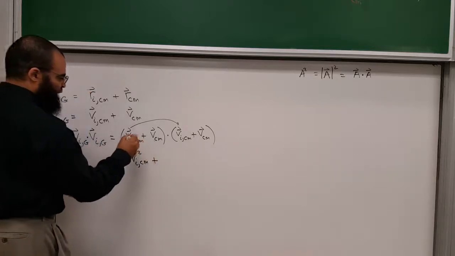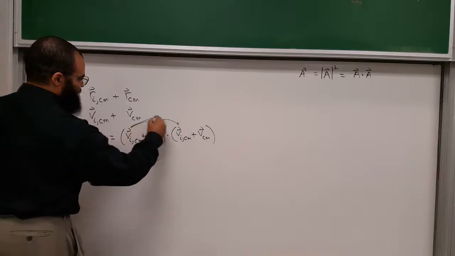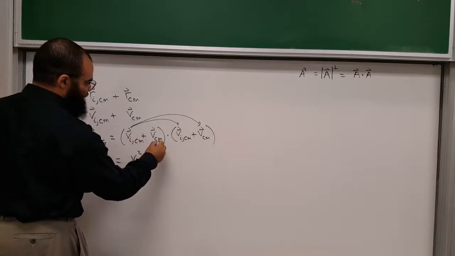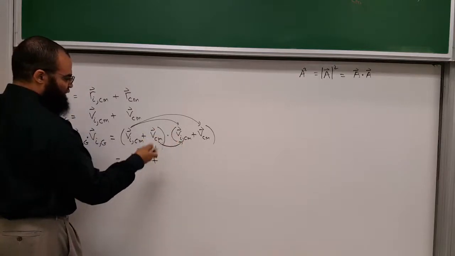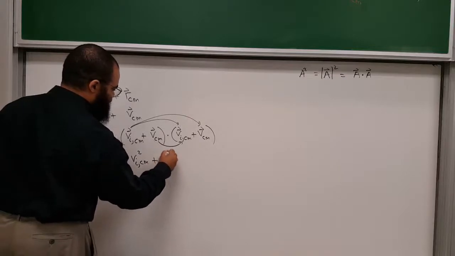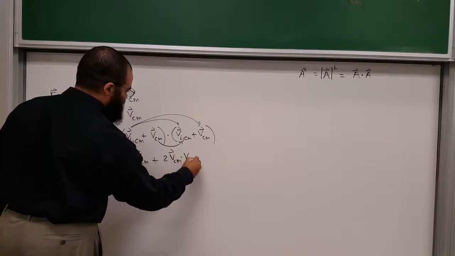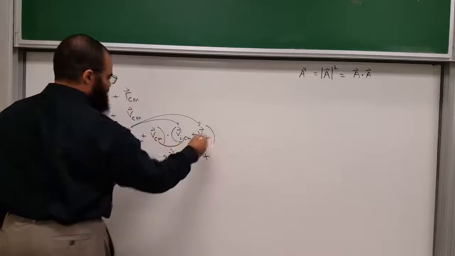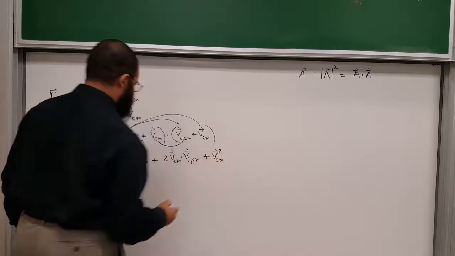Plus we will get two of these: Vi relative to the center of mass dot the velocity of the center of mass, and V center of mass dot Vi relative to the center of mass. The order doesn't matter in a dot product, so you get twice V center of mass dotted with Vi relative to the center of mass. Plus V center of mass dot V center of mass, which is the velocity of the center of mass squared.